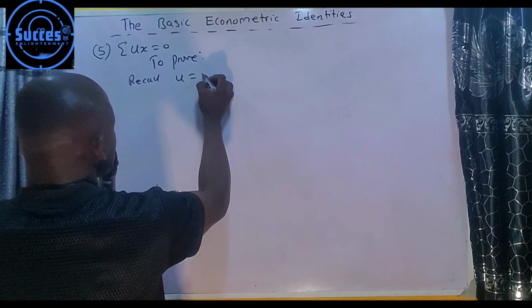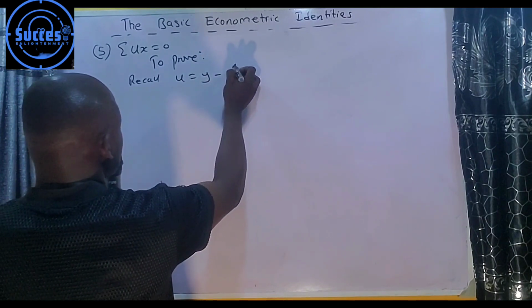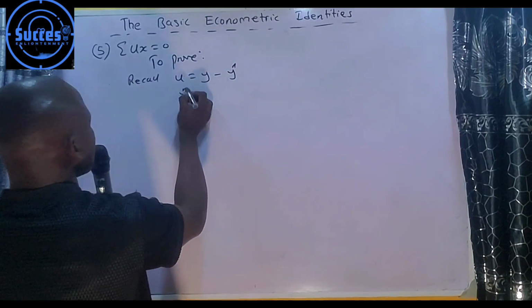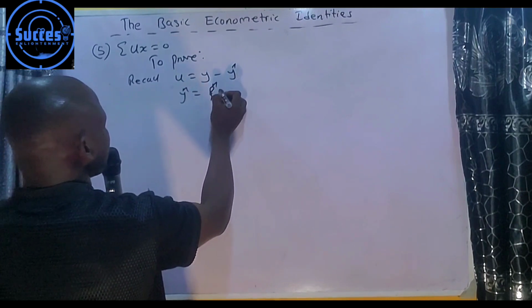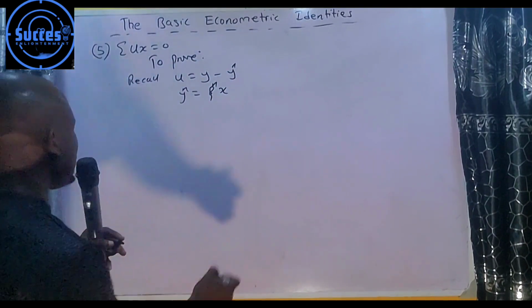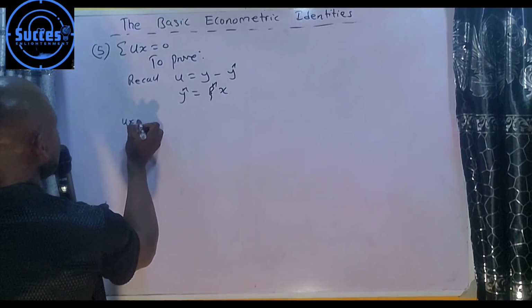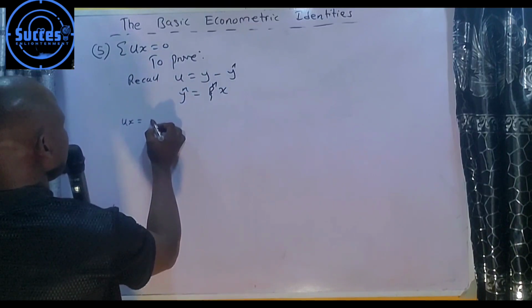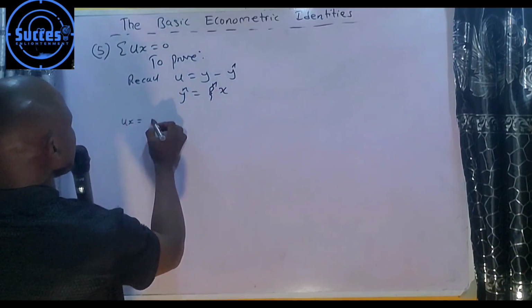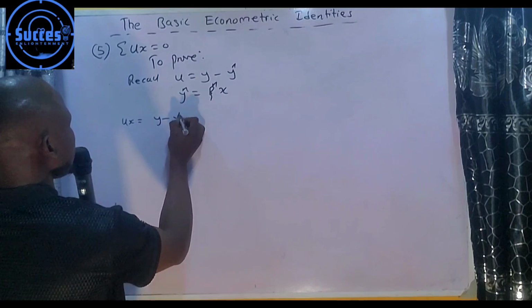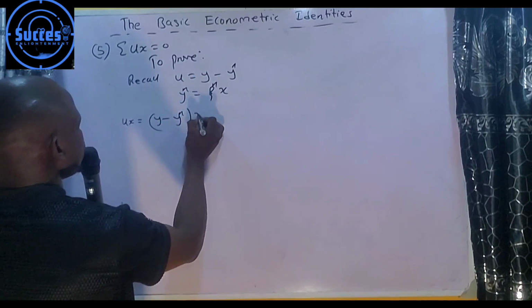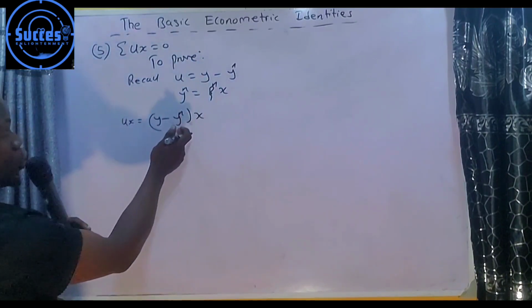u equals small letter y minus y cap, and our y cap equals beta cap x. So from here, our ux will be y minus y cap into x. Don't forget, this can be substituted for this.